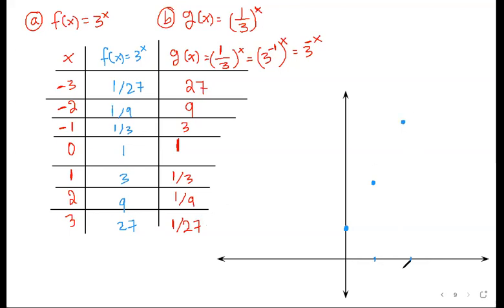For 3 it is 27, like up around here. So the graph will be something like this. This is the graph for the function f of x equal 3 to the x.